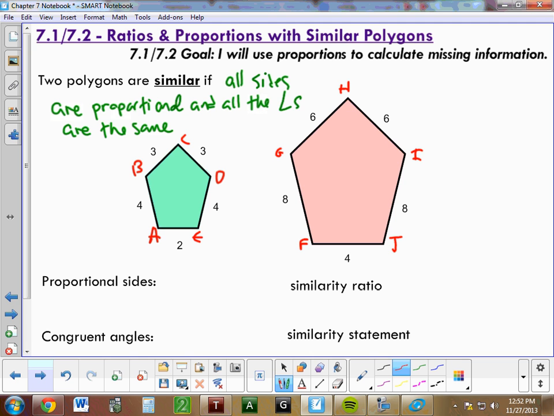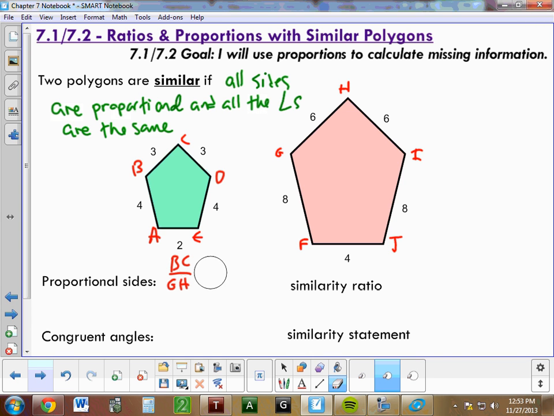So for example, side BC is proportional to GH. Actually, let's use a different example: AE is proportional to FJ. I'm setting up ratios and showing that these sides are proportional. I could throw an equal sign between them and show that they should be proportional to each other.